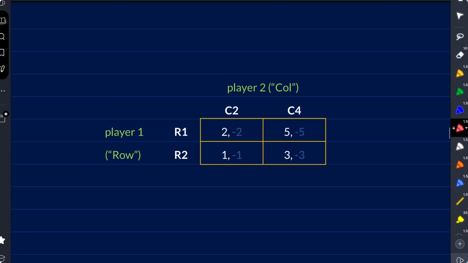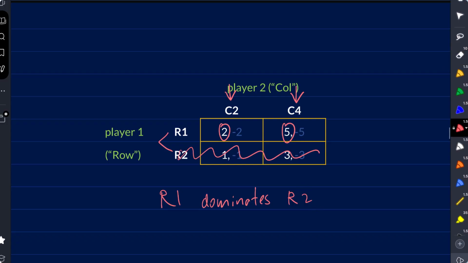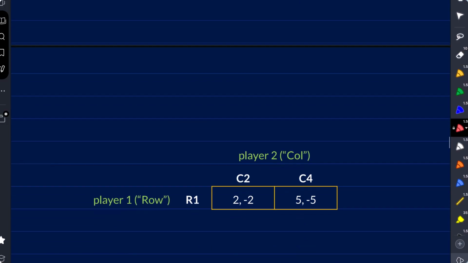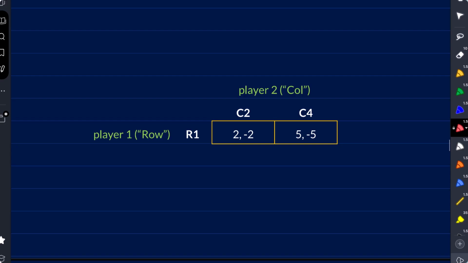Let's look at R1 and R2. If C2 happens, R1 is better. If C4 happens, R1 is better. So R1 dominates R2. That means, in effect, this is the table.